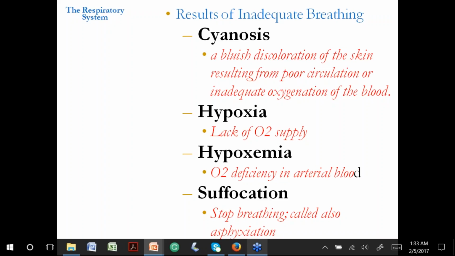And hypoxemia is different, it is the oxygen deficiency in the arterial blood. Suffocation is the same as asphyxiation. It's a prolonged time of apnea. So stopped breathing is also called asphyxiation.